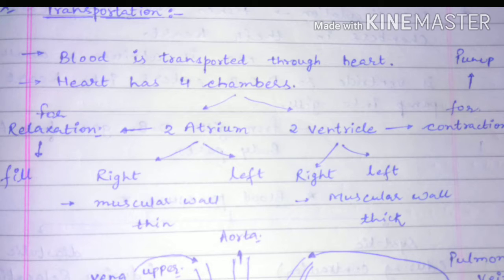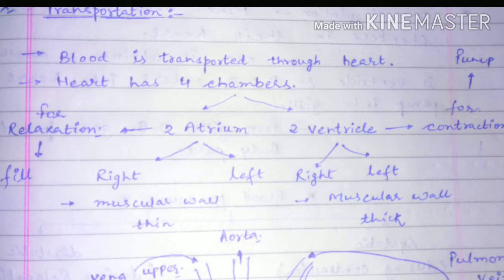On the screen you can see the atrium is responsible for relaxation, in which process the blood fills into the heart, while the two ventricles are responsible for contraction. Contraction means the pumping of blood through the heart.